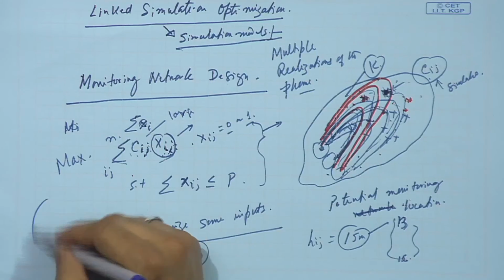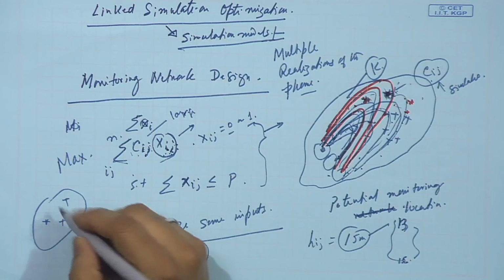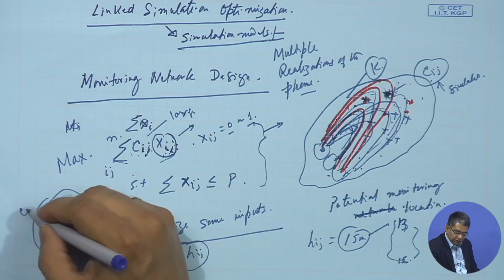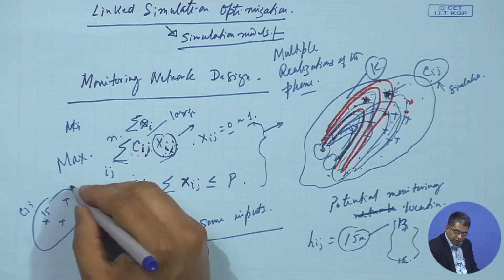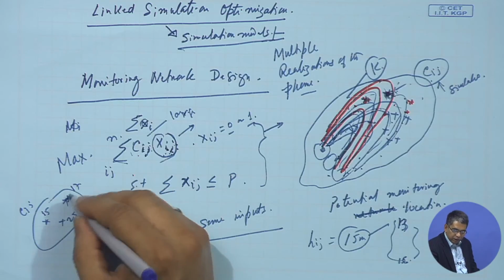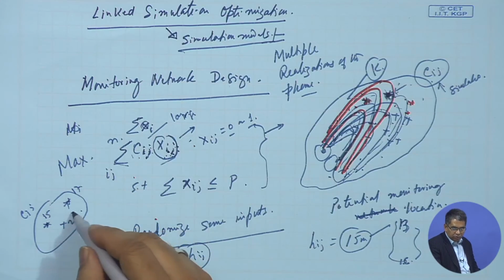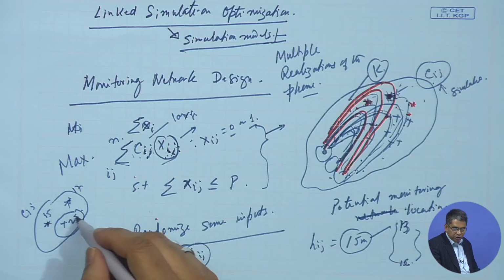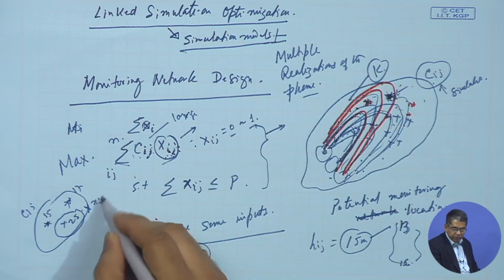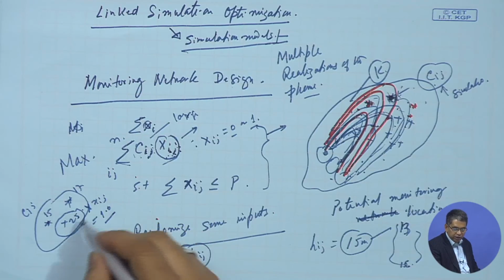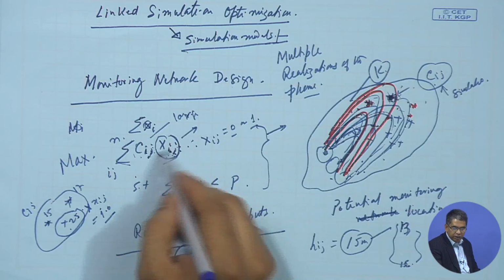So if you have 3 different points to choose from, suppose Cij is equal to 15, maybe 17, and maybe 25. Okay, and you want to make sure that you choose at least one point out of this, so as to maximize this. Obviously, you will choose 25 multiplied by Xij equal to 1, because it will give you the maximum advantage in terms of objective function.